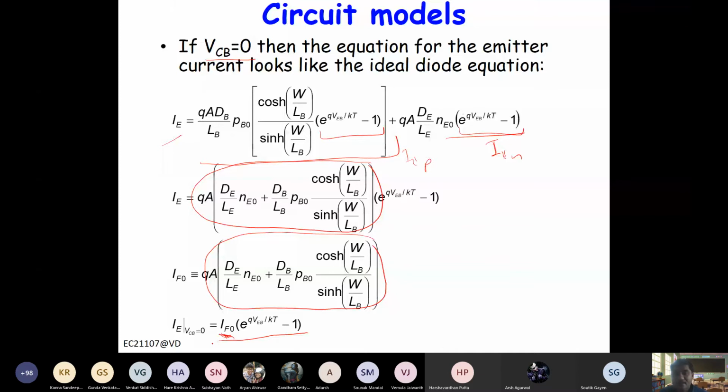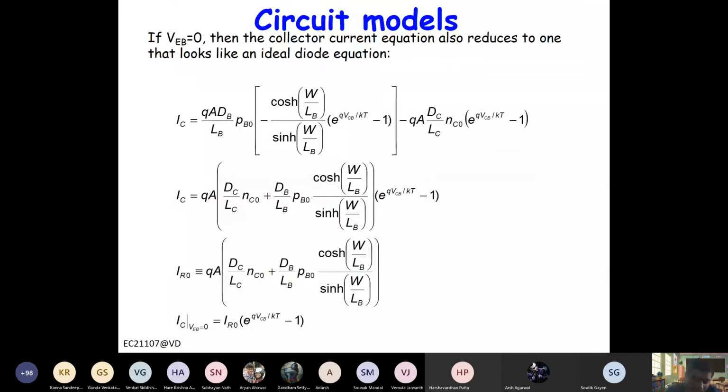A similar expression we can write for IC also. So if VEB is 0, then IC can be written as IR naught exponential Q VCB by KT. And IR naught is this bulky expression, and these two are similar. IR naught and IF naught are similar, except that emitter is replaced by collector there.